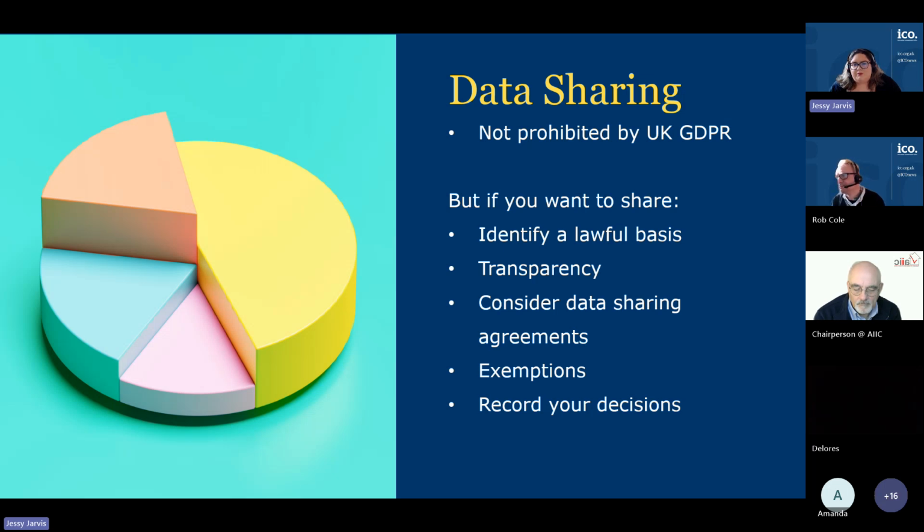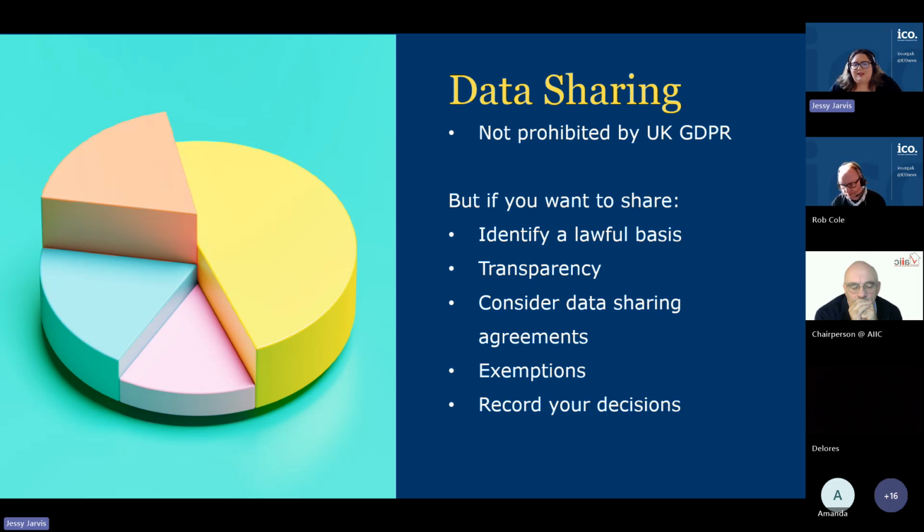So as I've said before, you don't always have to have consent to share, but you must have a lawful basis. People, again, often think that consent is the only way to make sharing okay, but you can use whichever lawful basis is appropriate. If you do any regular sharing, it should be included in your privacy notice. And you should have a data sharing agreement. We recommend that you have one of those for any regular sharing that you do.